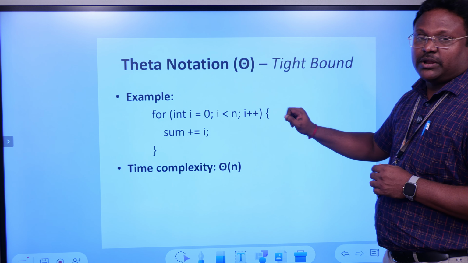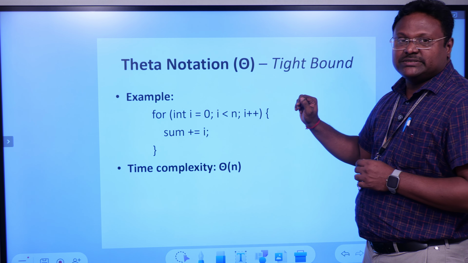For i equal to 0, i less than n, i plus plus, sum, the time complexity is theta n. The same example I have given; go through it and you can easily understand the programs and the notations.